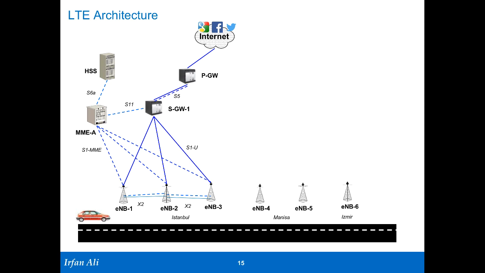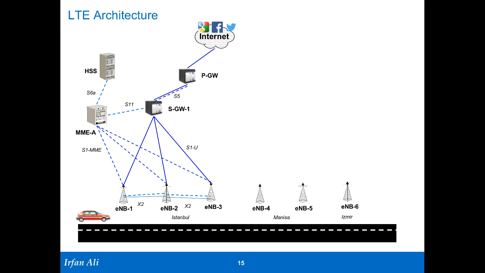We saw that the architecture was built of network elements: the serving gateway, P gateway, E node B, the mobility management entity, and the HSS, and a bunch of interfaces which are either signaling interfaces, user plane interfaces or data interfaces, and for each of these interfaces we give an interface name. S5 is the one between the serving gateway and P gateway, and S5 includes both a user plane interface and a signaling interface.